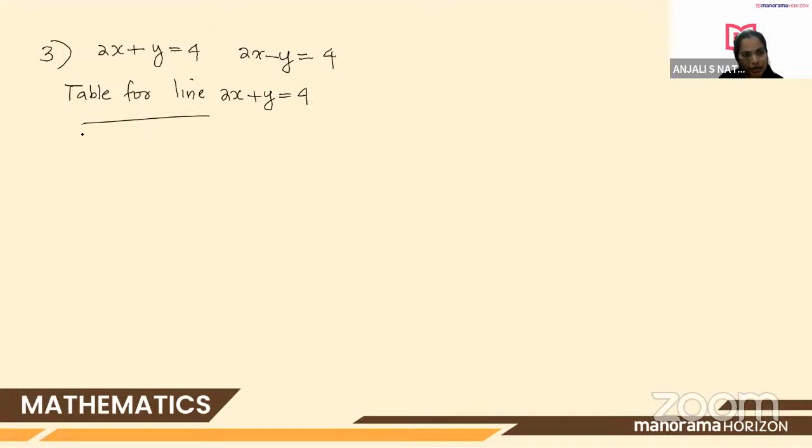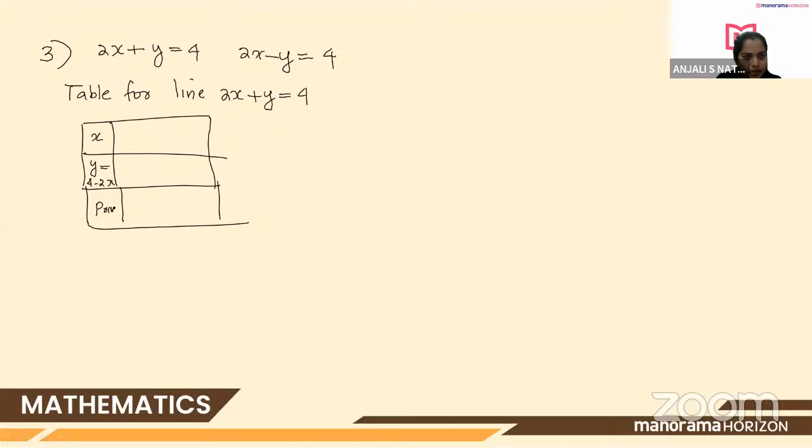And we can take two values for x. Here it is x and y is equal to 4 minus 2x, and the points. So we can take two values, 0 and 2.